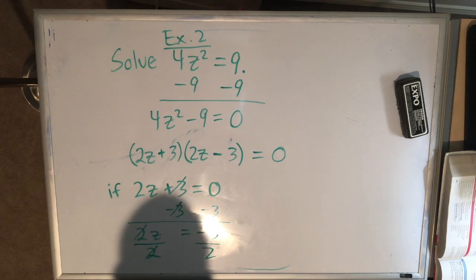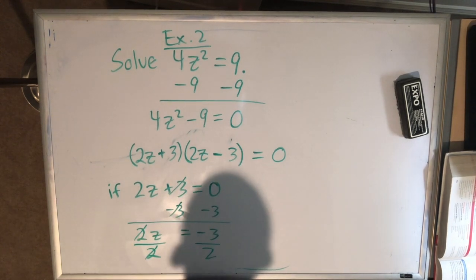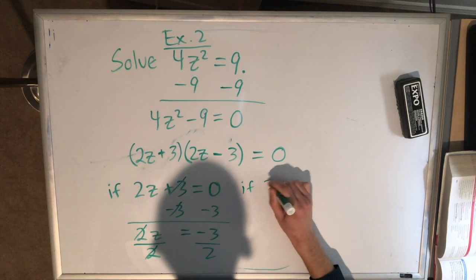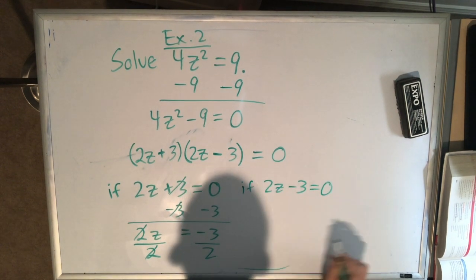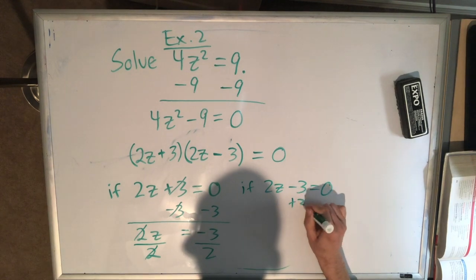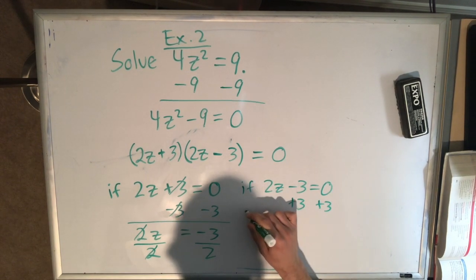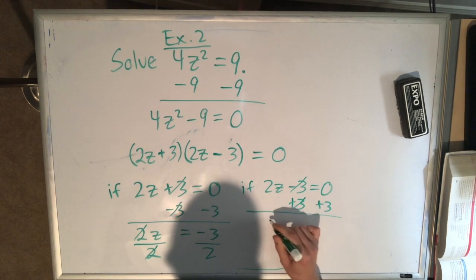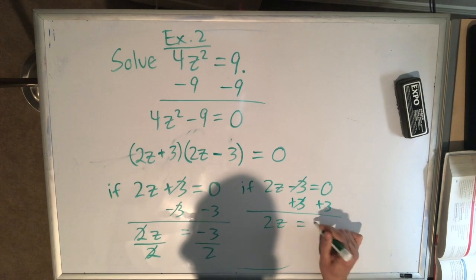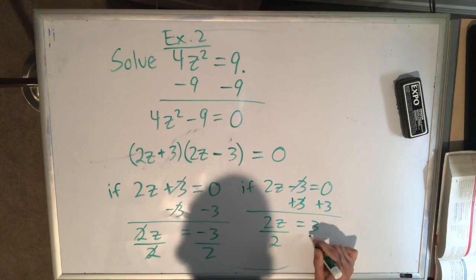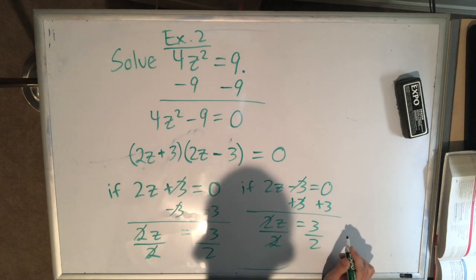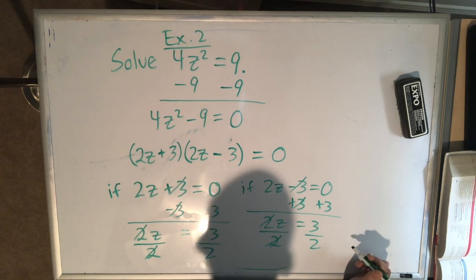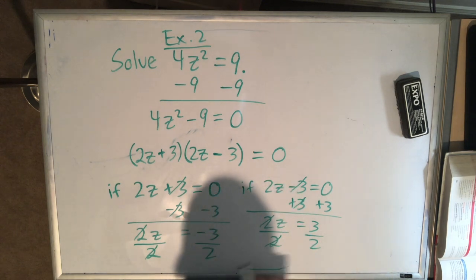We get z equals negative 3 over 2. If 2z minus 3 equals 0, then isolate z by adding 3 to each side to get 2z equals 3. Divide each side by 2. We get z equals 3 over 2, or 1.5.